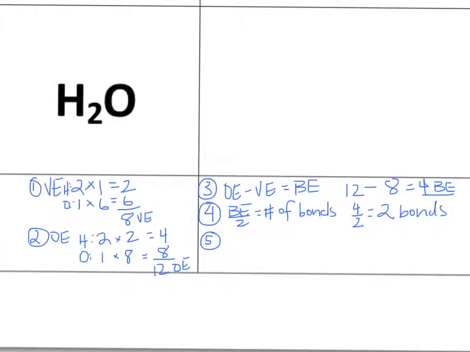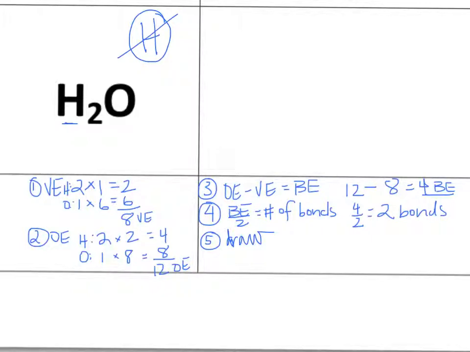so step number 5 is to create or draw the basic structure. And like I said, usually the central atom is listed first, but hydrogen can never be a central atom because of the fact that it only requires 2 electrons.